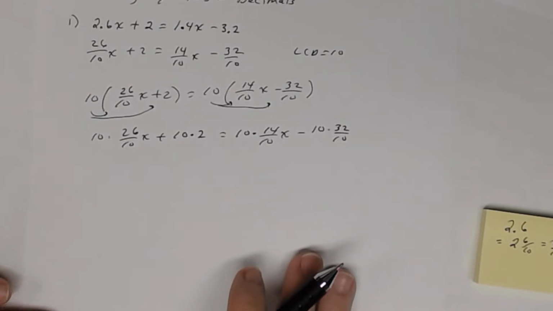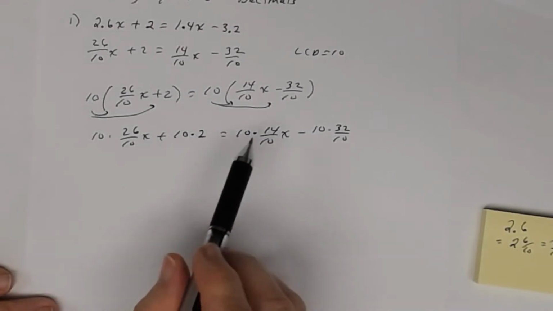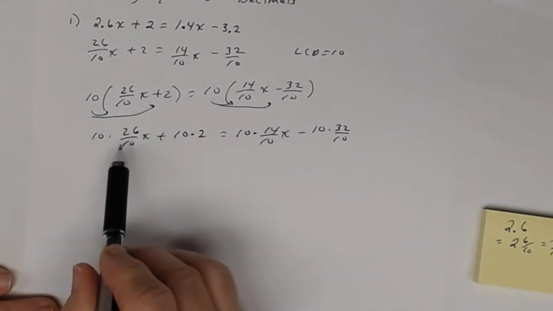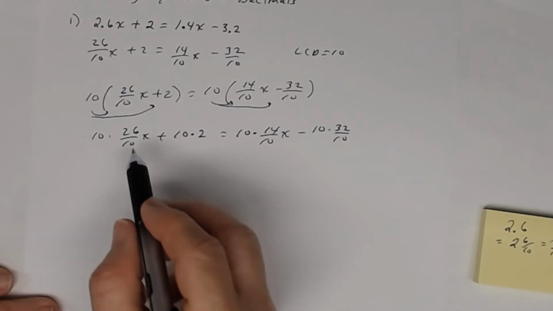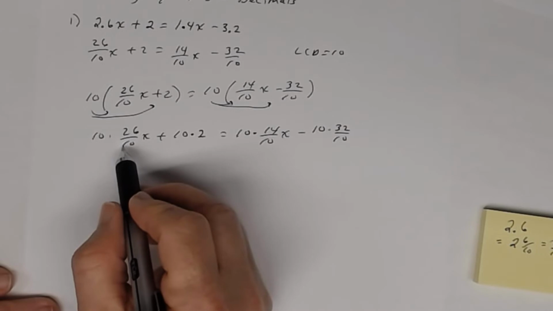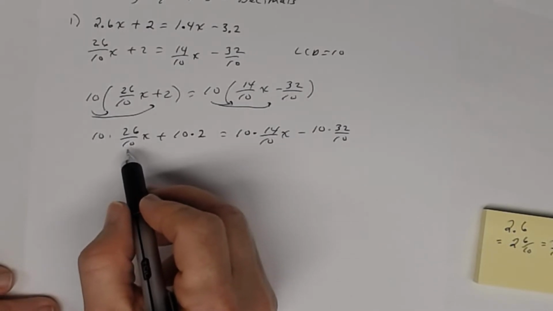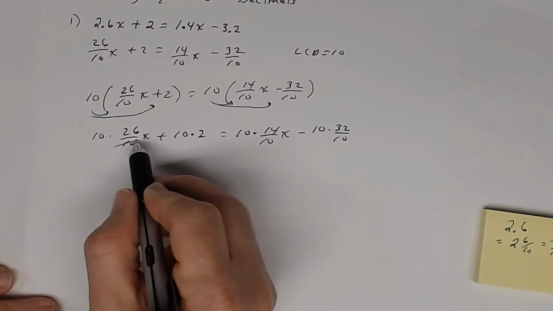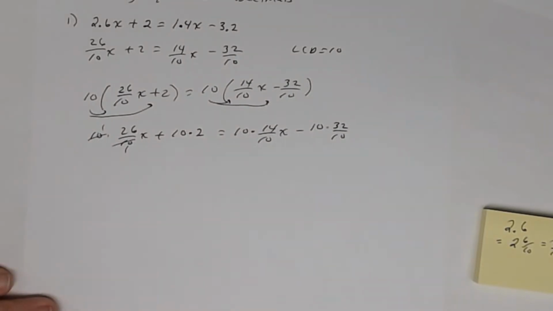And so again, remember the whole point of multiplying both sides by the least common denominator is to clear those fractions. So basically instead of this being a 10, you want that to be a 1, a factor of 1. And you do, because 10 over 10 is 1, 10 over 10 is 1.